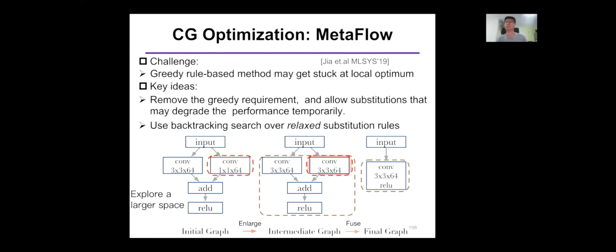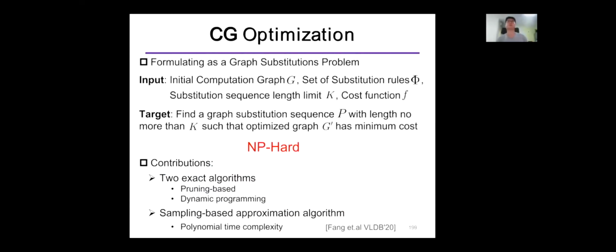So a backtracking search over the relaxed substitution rules is applied to accelerate the computation graph processing. To thoroughly optimize this problem, researchers formally define it as a cost minimization problem, taking as input an initial computation graph G, a set of substitution rules, the substitution length limit K, and a cost function.